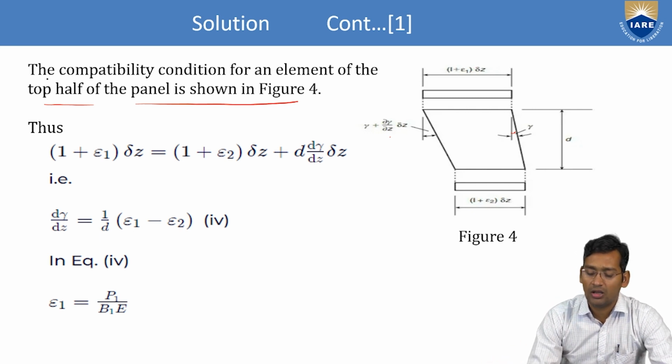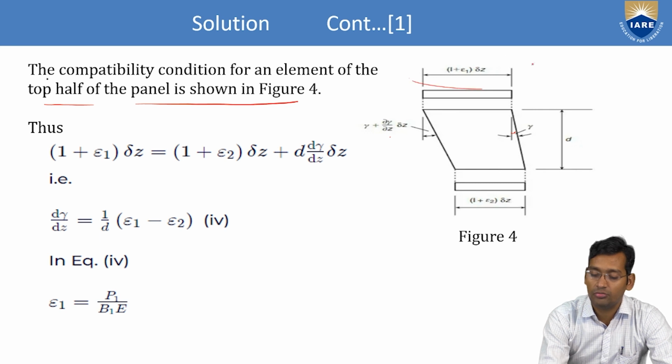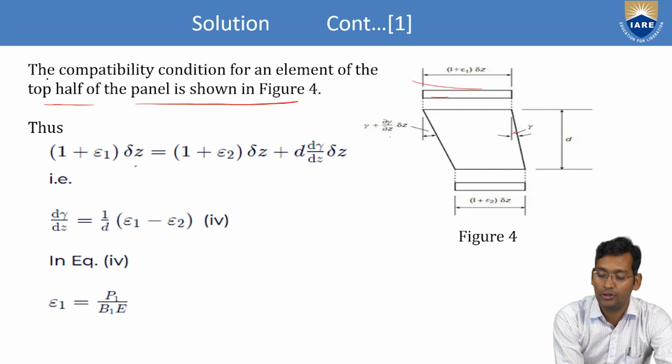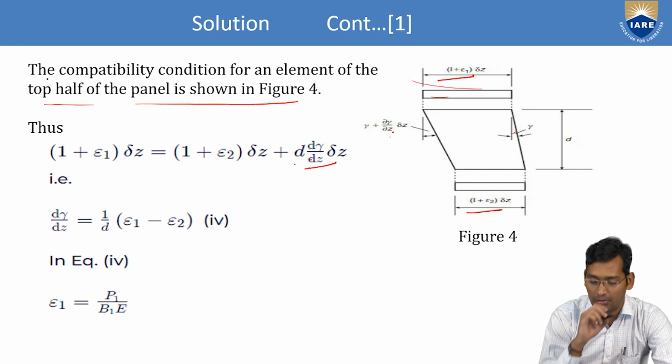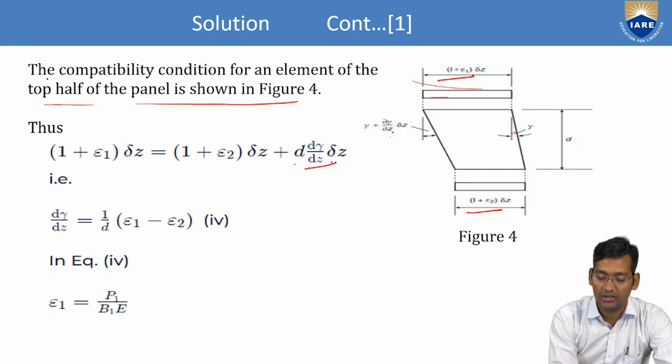Now from the compatibility equation, this will be equals to this plus this one. So just see, 1 plus epsilon 1 into del Z here, that is equals to 1 plus epsilon 2 into del Z plus D into del gamma by del Z into dou Z. From here what we have to do, just take this side and we have to find d gamma by dz.